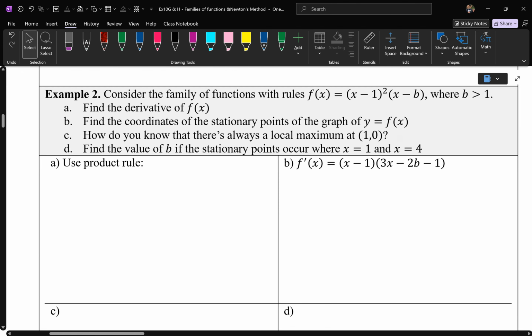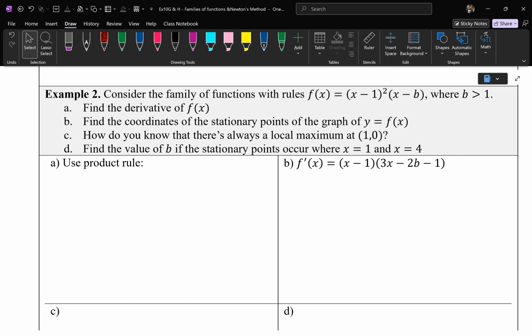Let's hope my next one doesn't have that same issue. All right, example 2. Consider the family of functions with rules x minus 1 squared times x minus b, where b is greater than 1.